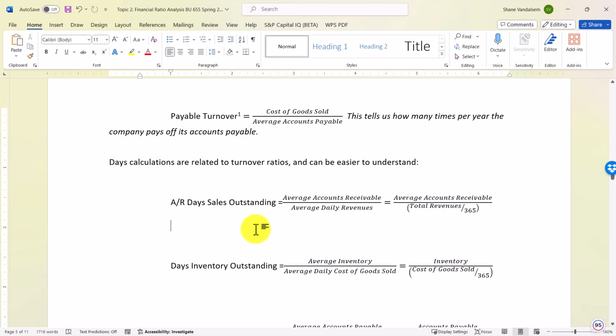Shorter is generally seen as better here. This means that the firm is collecting its accounts receivable faster.